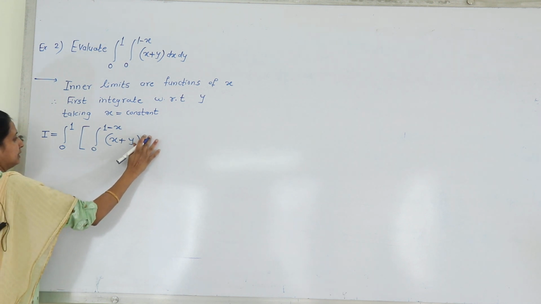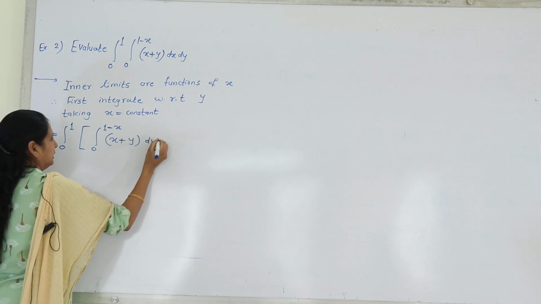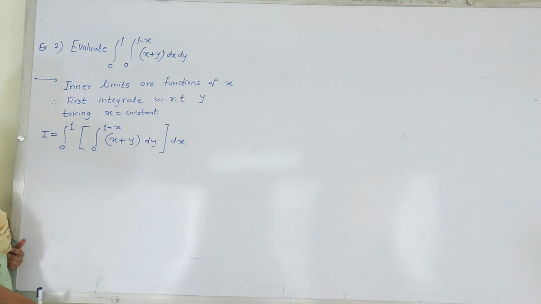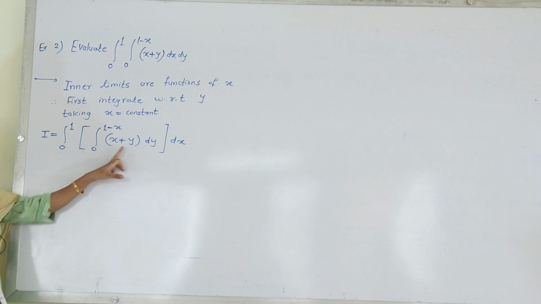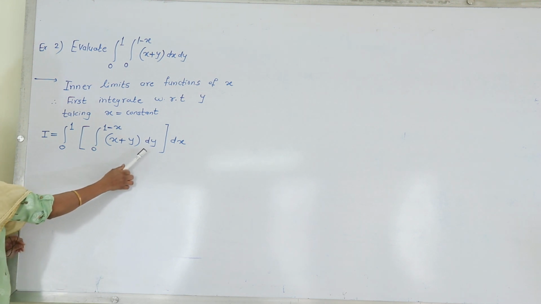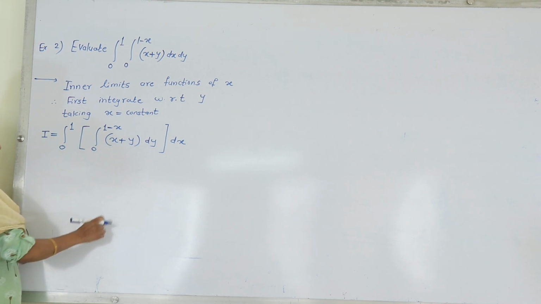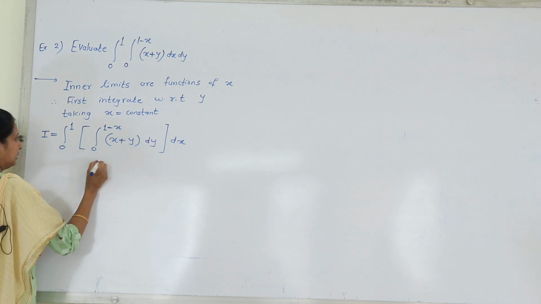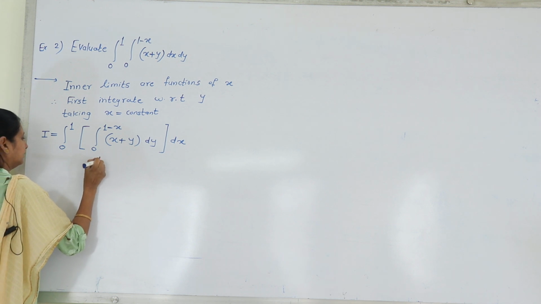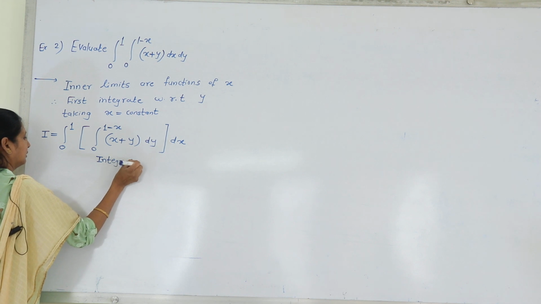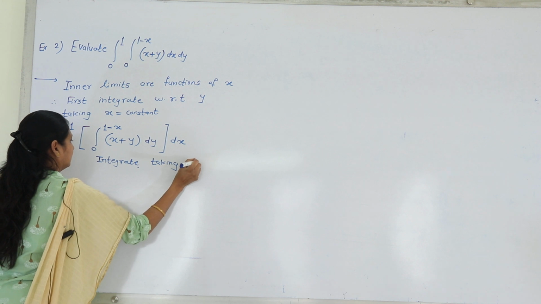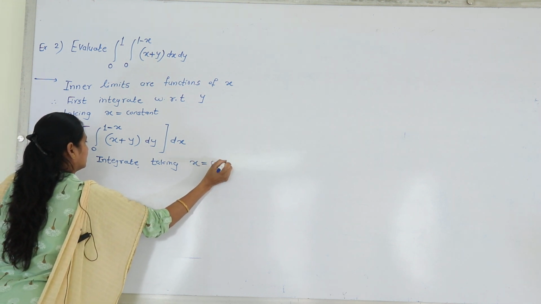First integrate with respect to y, therefore dy, x plus y is a term, and then outside is dx. Now first integrate taking x as a constant.